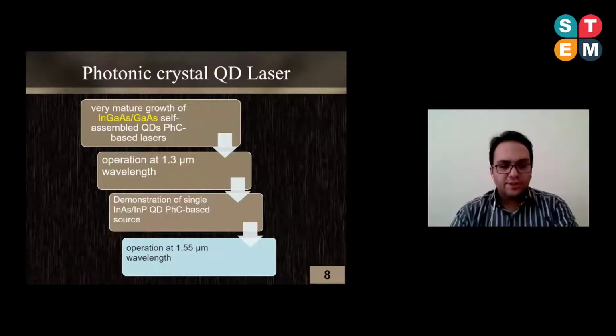You can see here that most experimental studies focused on the gallium arsenide quantum dot laser, which can operate in the 0.9 to 1.3 micron spectral range. And quantum communications require minimum losses in silica fiber, which occurs around 1.55 micron, the telecom C-band.